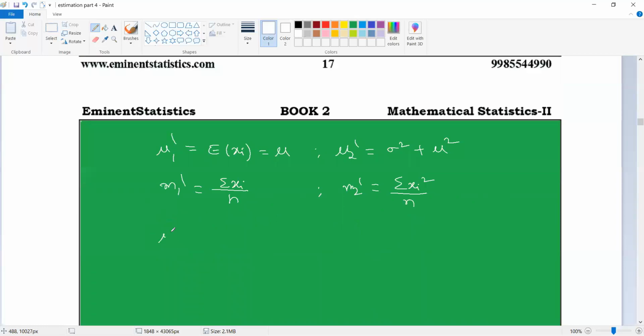Now equating mu1 dash equal to m1 dash implies mu is equal to summation xi by n. This is called x bar. This is mu cap. Therefore, MME of mu is equal to sample mean x bar.